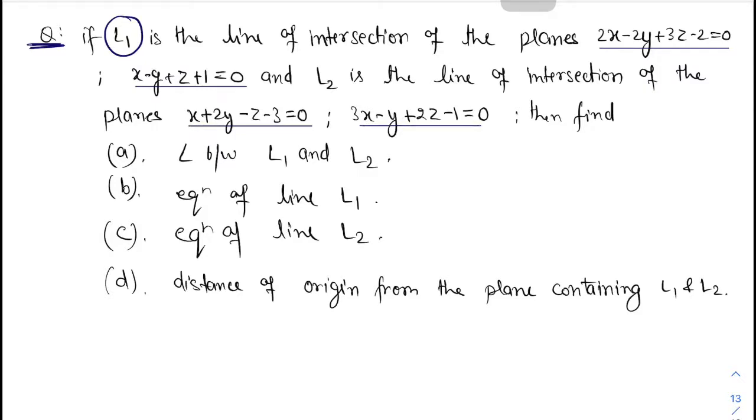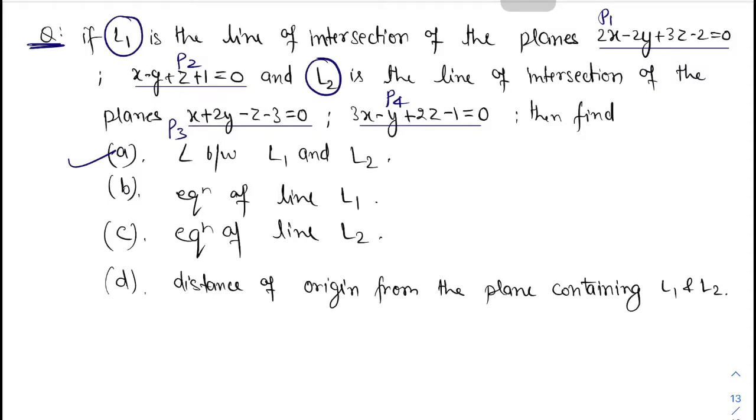Let me call this plane P1, this plane P2, this plane P3 and this plane P4. So the line of intersection of P3 and P4 is L2. The first part of the question says we have to find the angle between L1 and L2.